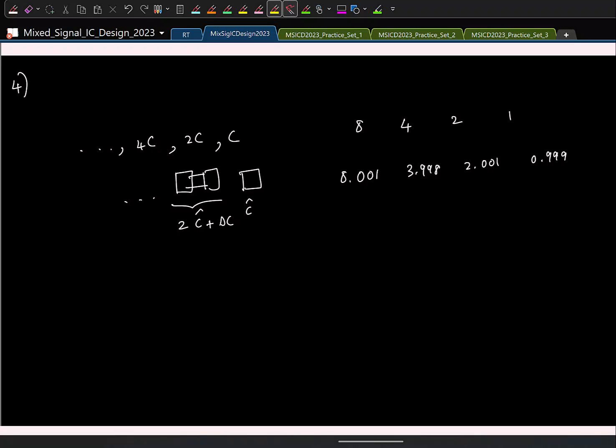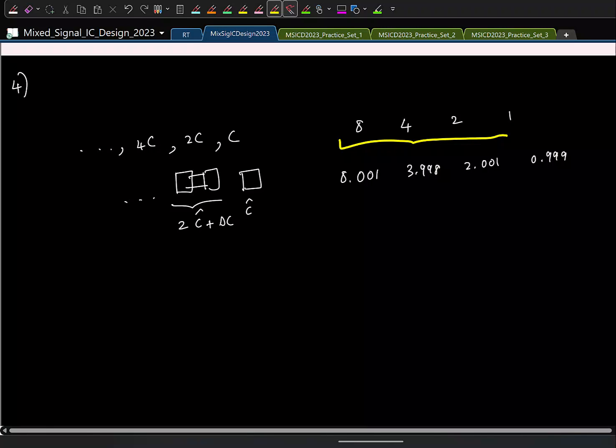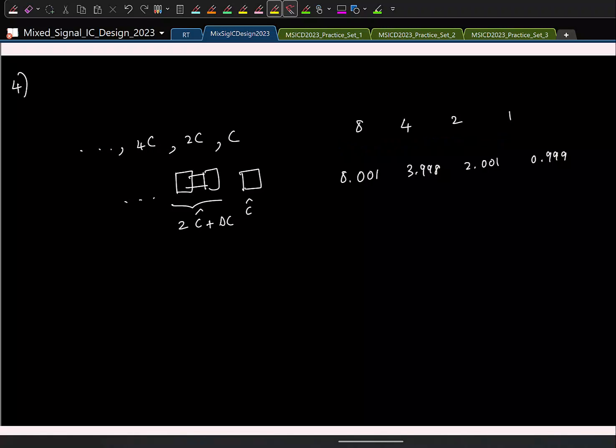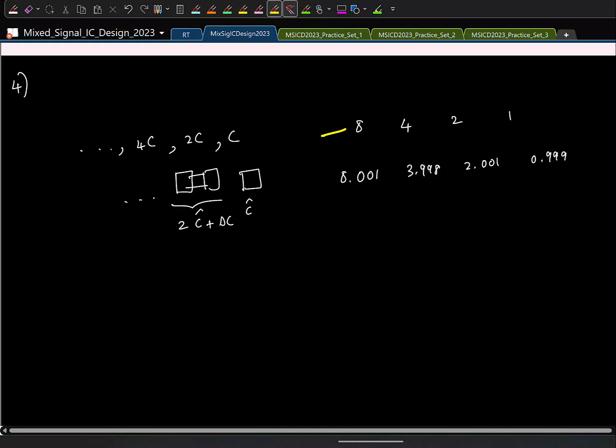First you should ask the question: why did we even have capacitors arranged in a binary weighted fashion? We have to generate reference voltages. It was derived by 2, derived by 4. It was all binary scaled, and that is why we want to keep the capacitors also in a binary scaled fashion.